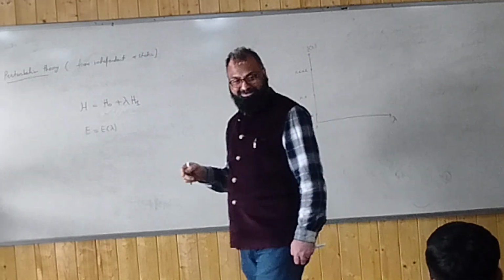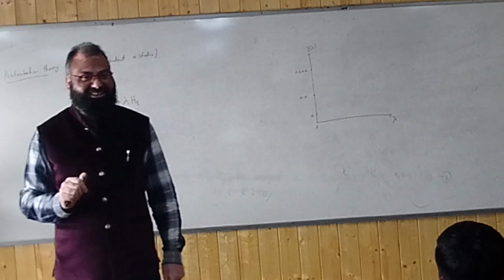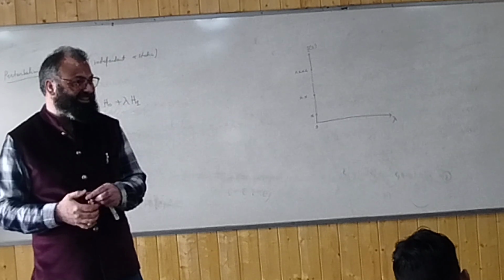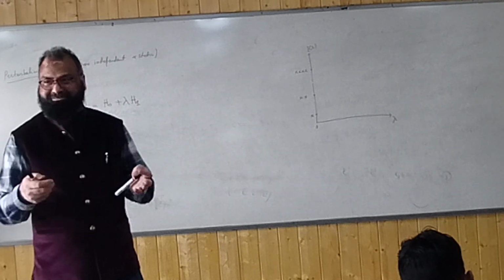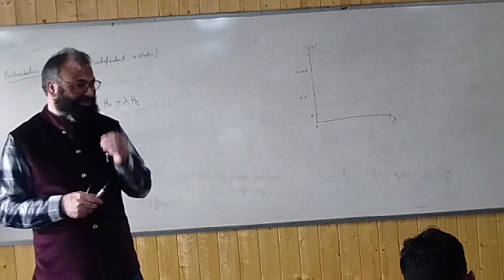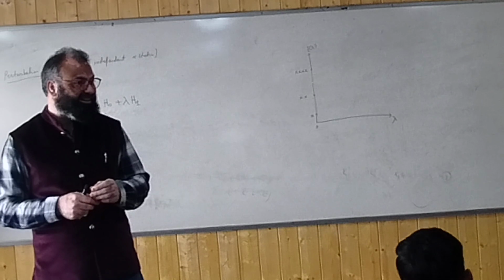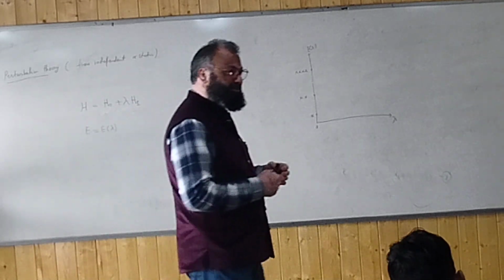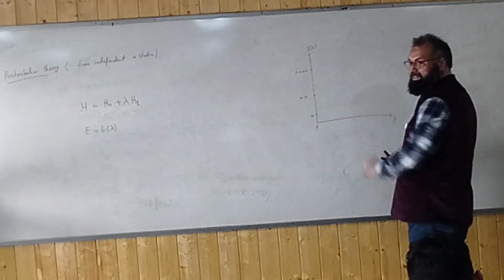Can anybody give me an example of this, a simple problem where you have degeneracy? In the hydrogen atom, you have 2s and 2p. Are they degenerate? Their energy is the same, so you have 4 states there. They are degenerate. Here I have considered it in an artificial way.